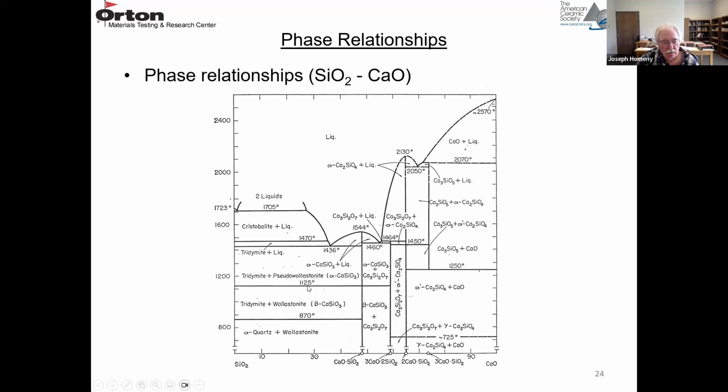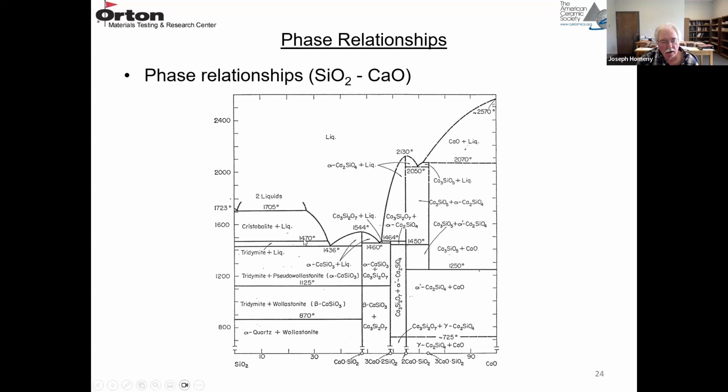And then 1125 to 1436, you have tridymite and another crystal form, pseudowollastonite. So there's a displacive transformation from beta to alpha wollastonite. Then finally at 1436, you're in this phase field tridymite plus liquid.